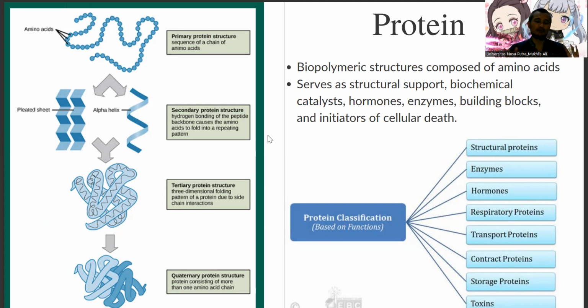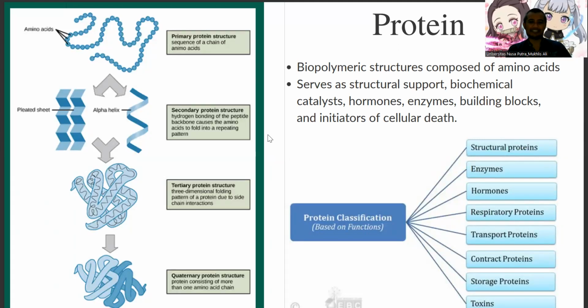So mostly in secondary protein structure, the protein makes a pleated sheet or alpha helix. And the tertiary protein structure is three-dimensional folding. If secondary protein structure is simple two-dimensional folding, the tertiary protein structure is three-dimensional folding. So the pattern is more complicated.